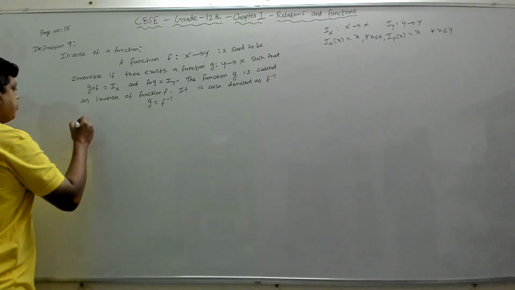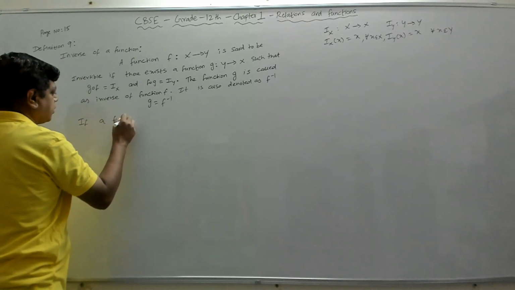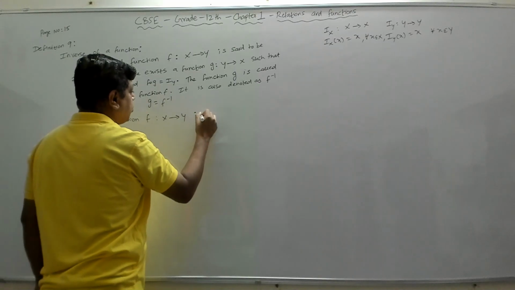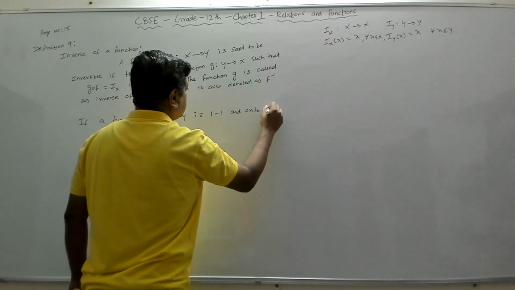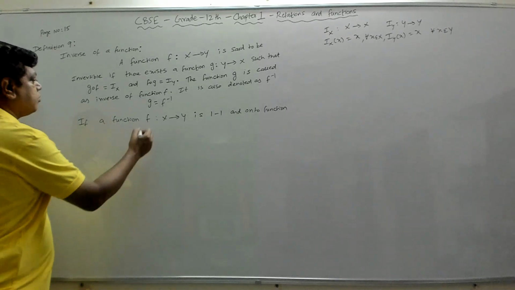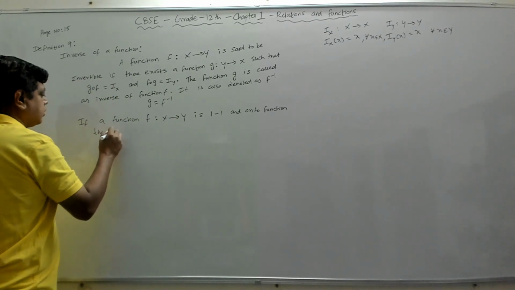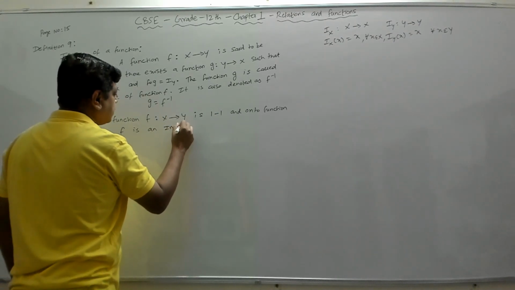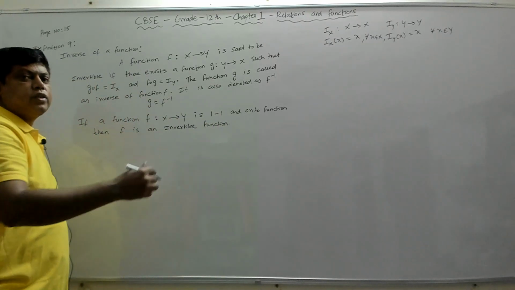What it says is, if a function f from X to Y is 1 to 1 and onto function, then f is an invertible function, which means we can find the inverse of the function. f inverse exists.